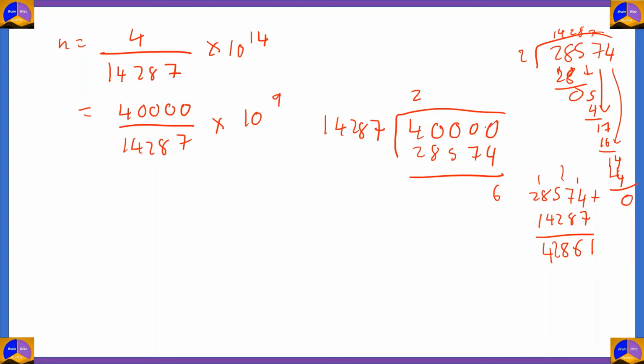10 minus 4 is 6. 10 minus 7, 9 minus 7 is 2. 9 minus 5 is 4. 9 minus 8 is 1. 3 minus 2 is 1. So we have 11426, which is lesser than the divisor. So we'll put a 0 here.